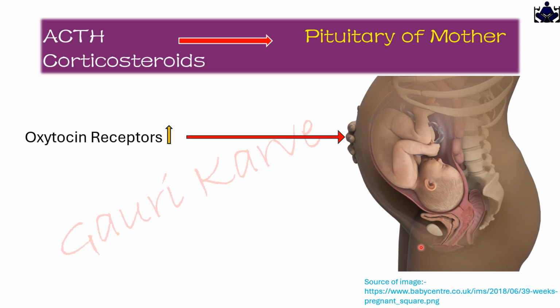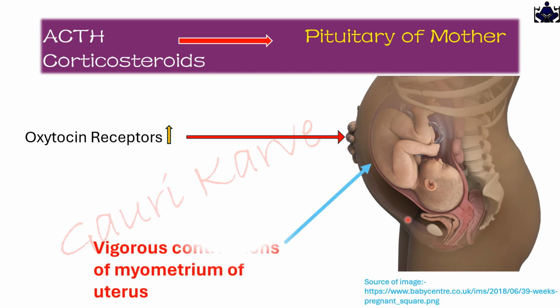Myometrium is what? It is nothing but the muscular layer of the uterus. It causes vigorous uterine contractions. This leads to expulsion of the baby from the uterus.